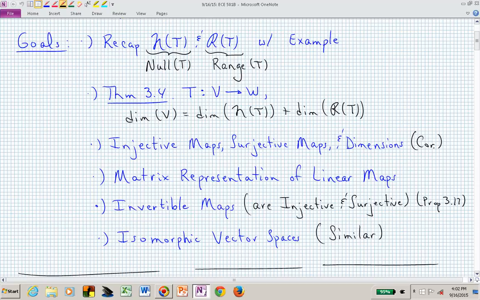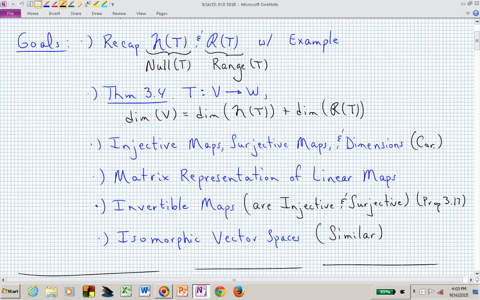Then we will look at injective maps, surjective maps, and dimensions, some corollaries, what those maps actually allow us to say when we may have differences in dimension in the domain and codomain. Maybe that immediately tells us something about these particular maps, and we can really infer that information from Theorem 3.4, these dimensional relationships.